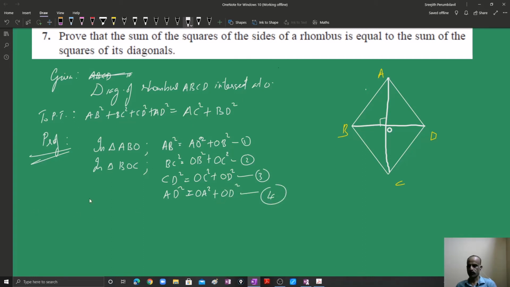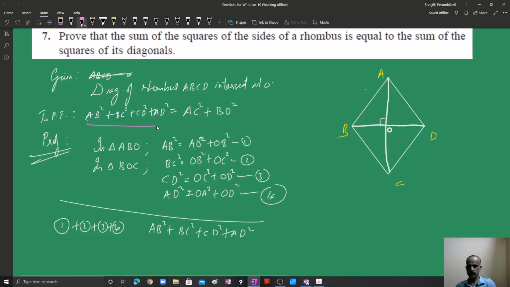Relation number 4. Now we add 1 plus 2 plus 3 plus 4. We get AB square plus BC square plus CD square plus AD square. So the LHS of what is to be proved is ready.